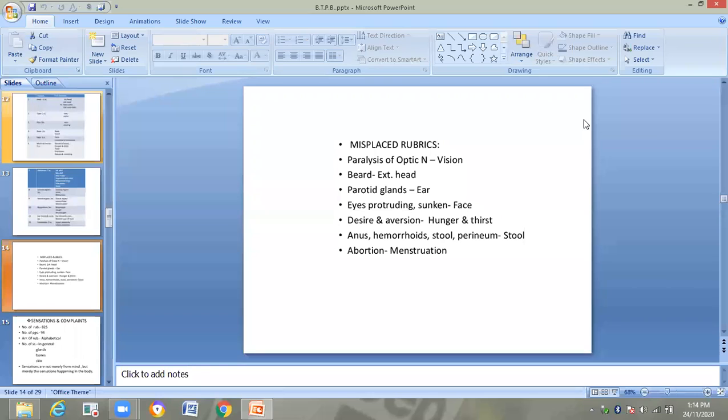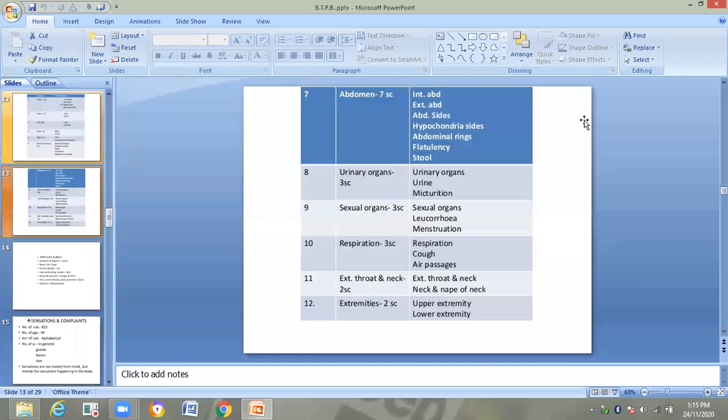In this way, these 12 chapters out of 32 have subchapters under them.